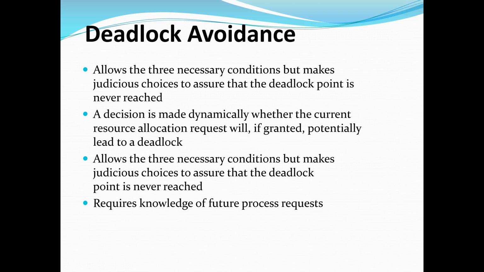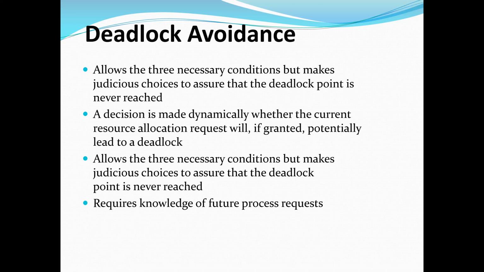In deadlock prevention, we constrain resource requests to prevent at least one of the four conditions of deadlock. This is either done indirectly by preventing one of the three necessary policy conditions, which are mutual exclusion, hold and wait, and no preemption, or directly by preventing the circular wait.